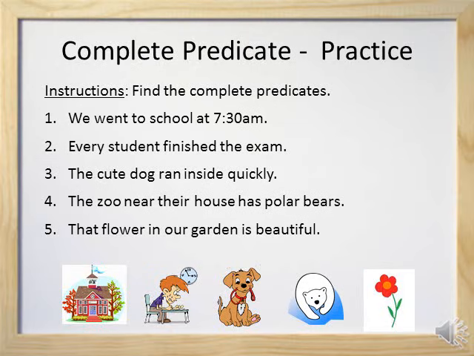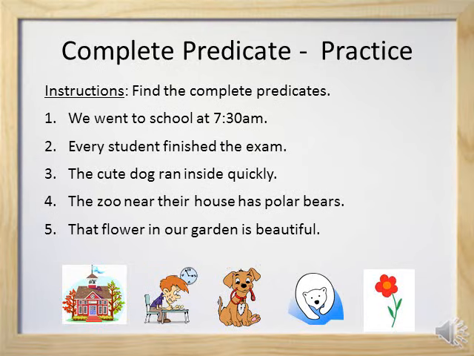Every student finished the exam. Number 3. The cute dog ran inside quickly. Number 4. The zoo near their house has polar bears. And number 5. That flower in our garden is beautiful.